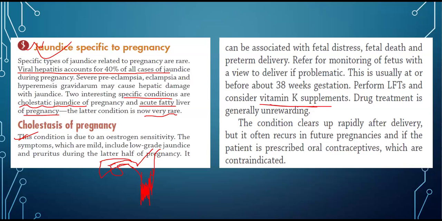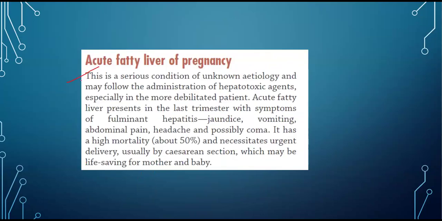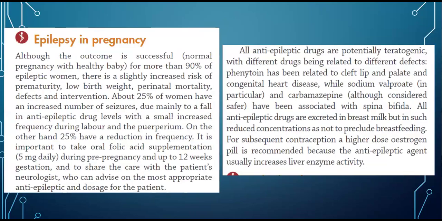Ideally, for cholestasis of pregnancy, your aim should be to go for delivery near term. This condition usually gets better after delivery, but there is a chance that it can recur in future pregnancies as well. If a patient has developed cholestatic jaundice during pregnancy, we don't give oral contraceptives to that patient anymore because it increases the risk. Acute fatty liver is not important.